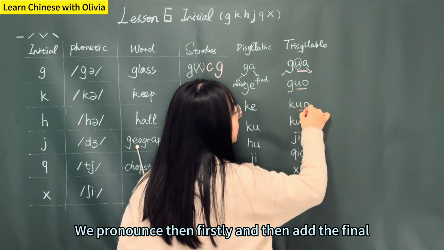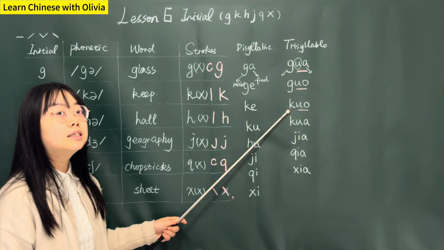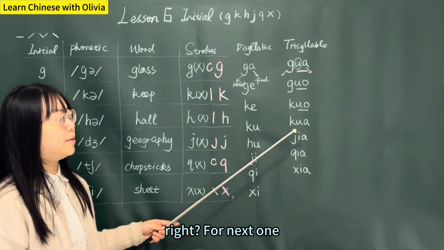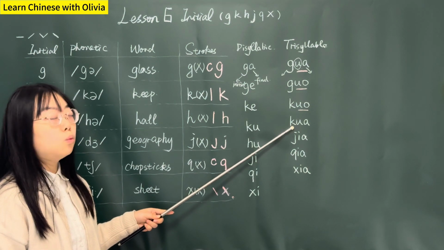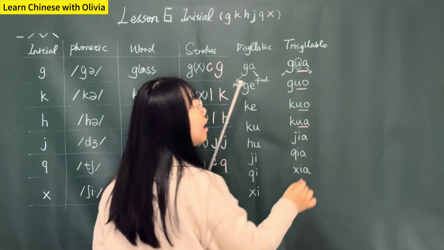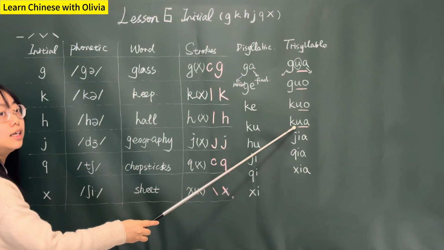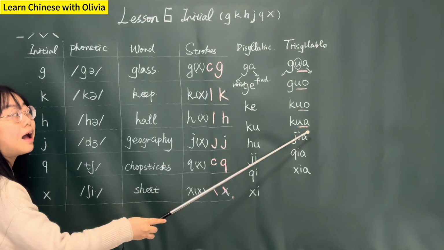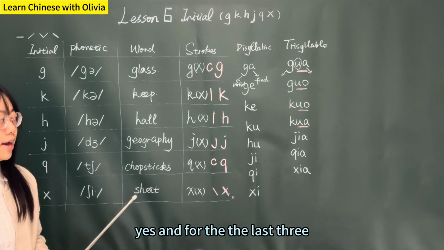We pronounce them firstly and then add the final. Quo, right? For the next one, like this. Wa. Kwa. Yes, and for the last three, right?